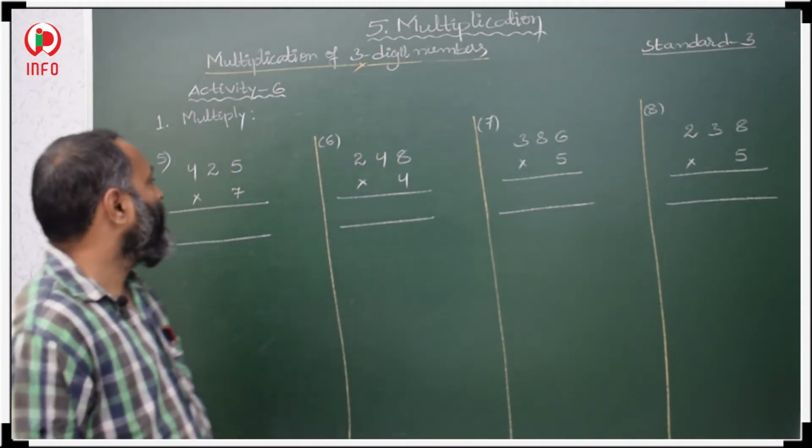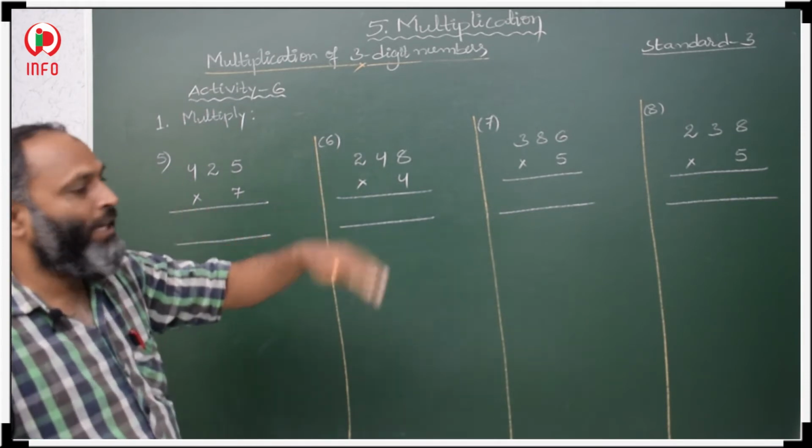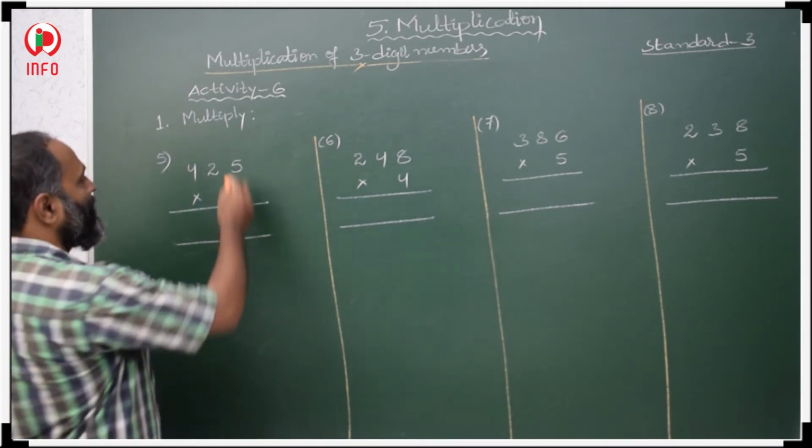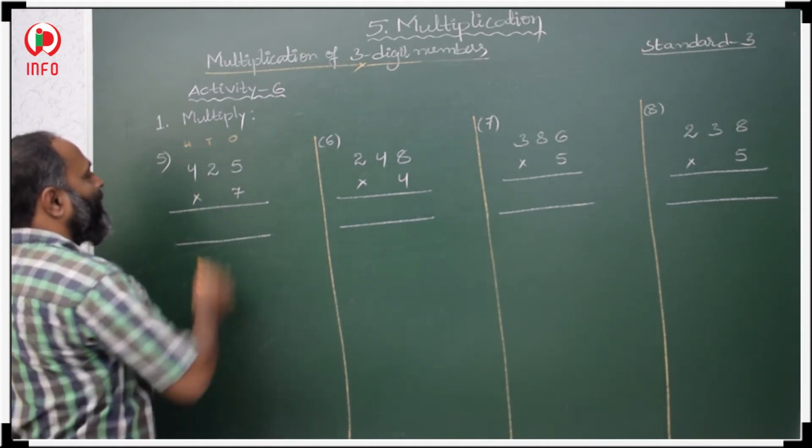Now students, four questions we did, now the 5th, 6th, 7th, 8th. See here, this is ones place, tens place and hundreds place. The same pattern.